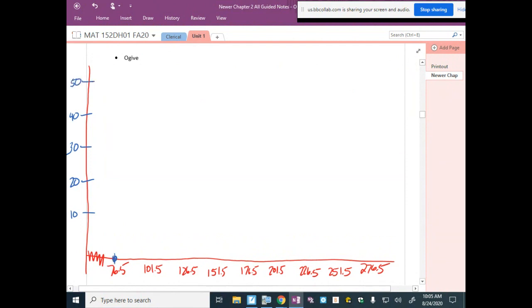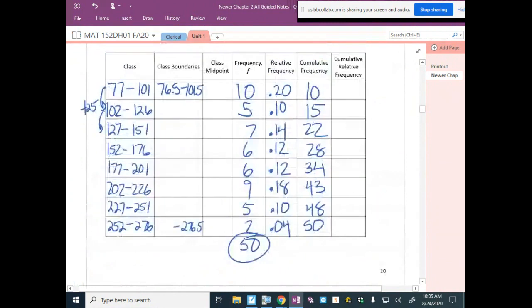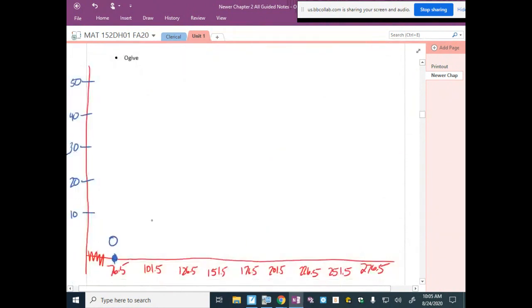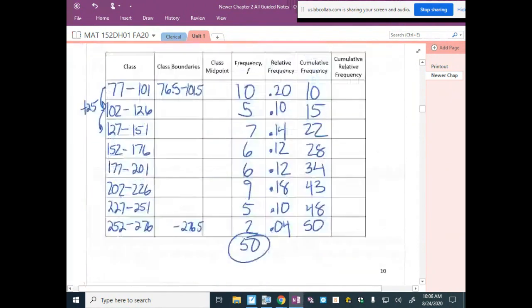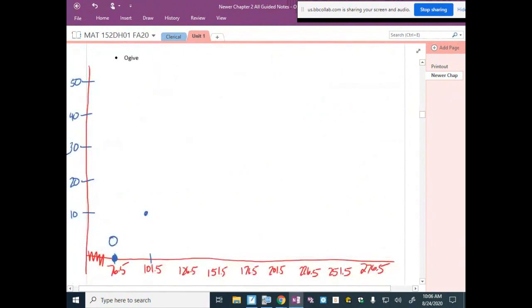All right, so $76.50, there were none. So remember, ogive is the cumulative frequency. So we would go at 10, 15, 22. Let's see, 22 right about here. And again, I'm not going to pull out a ruler and microscope and try to read this perfectly. I'm not that insane over this.